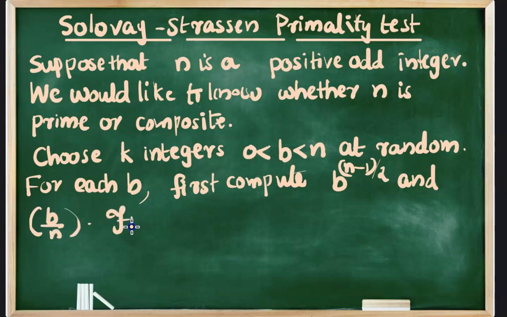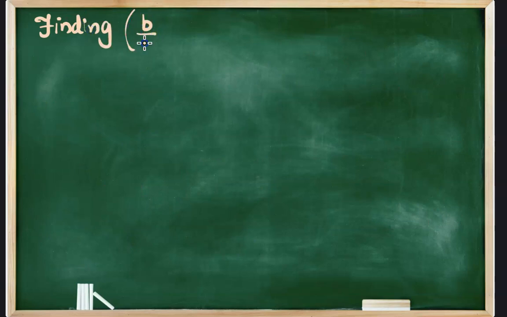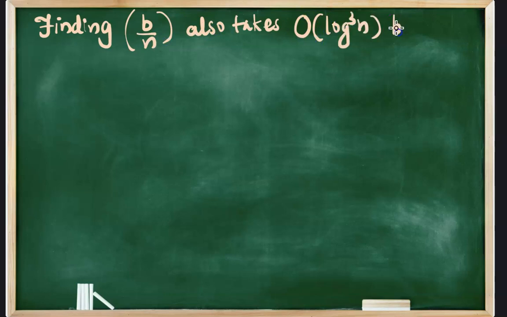and we can see that finding b raised to (n-1)/2 takes big O of log cube n bit operations using the repeated squaring method. Finding the Jacobi symbol (b/n) also takes big O of log cube n bit operations.